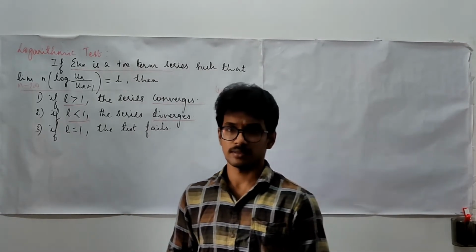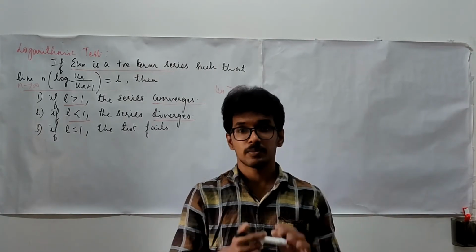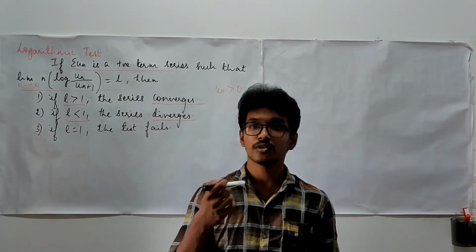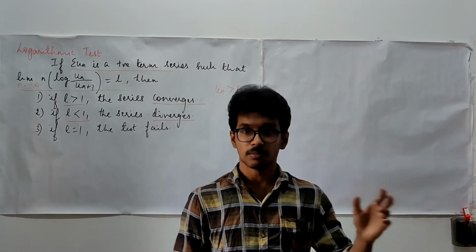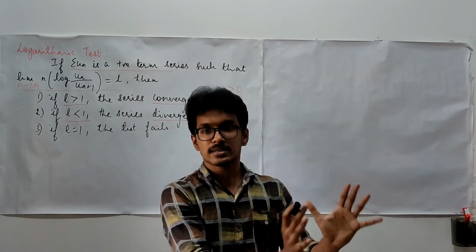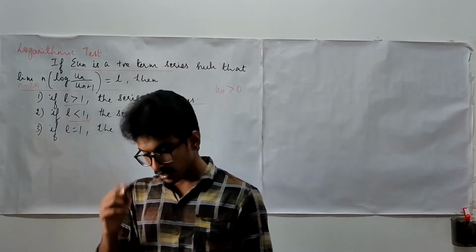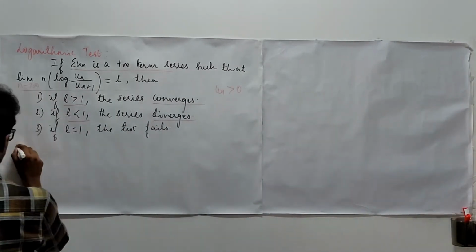If even that does not give a proper result, then we will move to Raabe's test that we have seen in the previous lecture. And even then, when those tests do not work, then we come to the logarithmic test. Let us see an example.